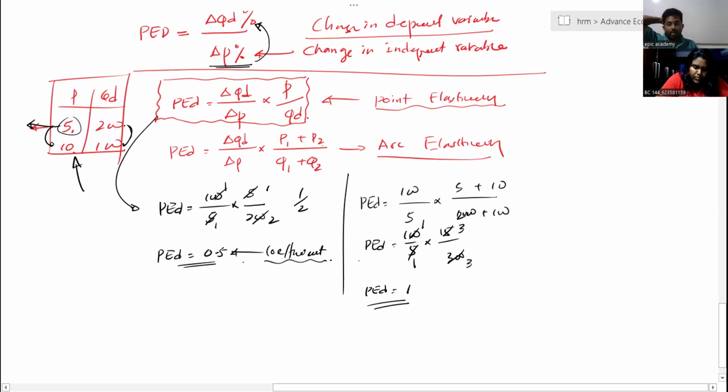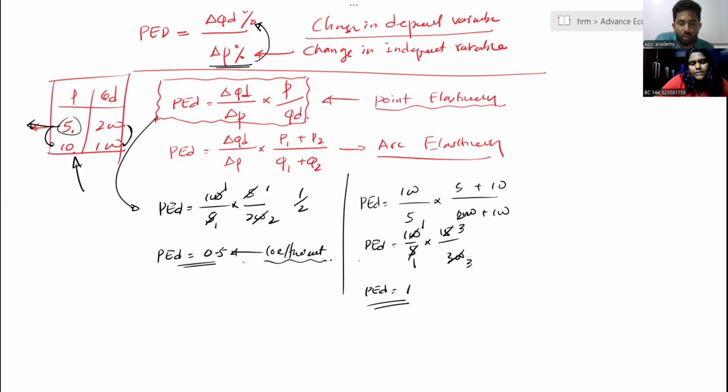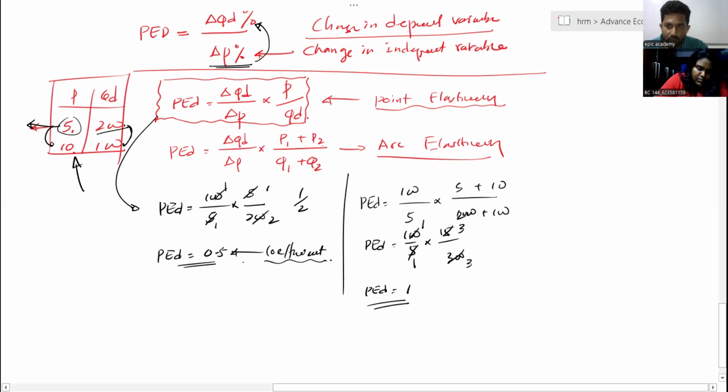Now you can identify which one is the most accurate theory. Arc elasticity or point elasticity? What do you think? Arc elasticity is the accurate one or point elasticity? Arc elasticity, yes. I will prove it. Just consider the price of the certain commodity 200. Okay. It changed to 100.